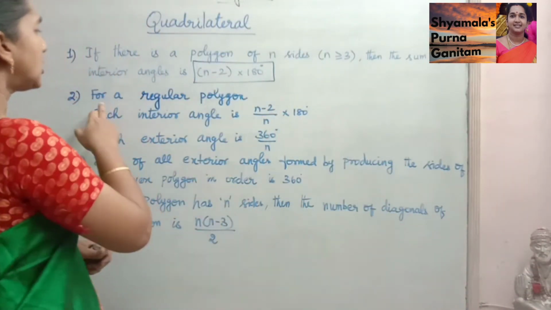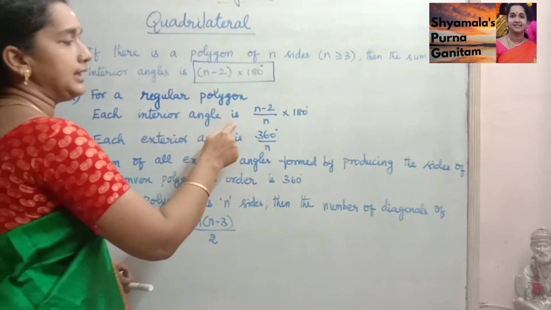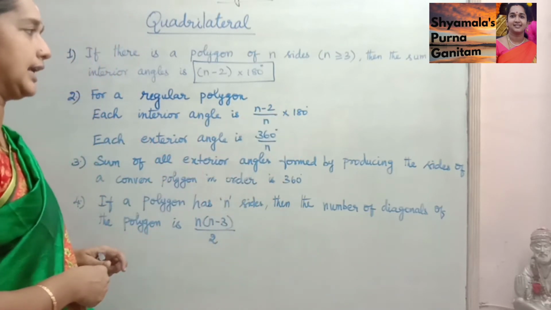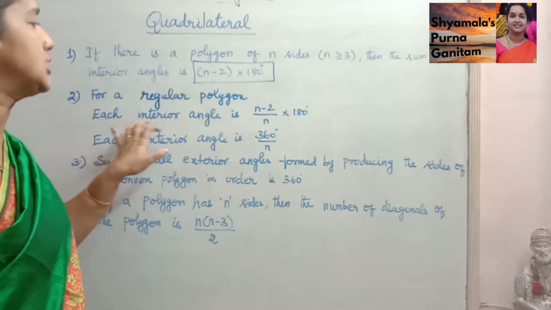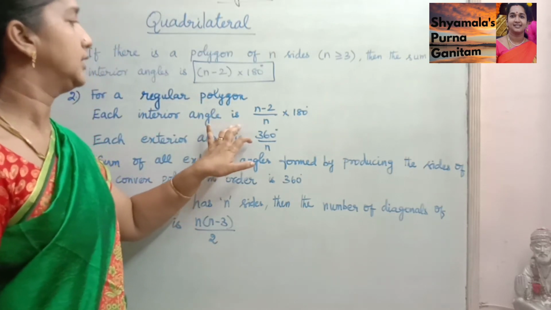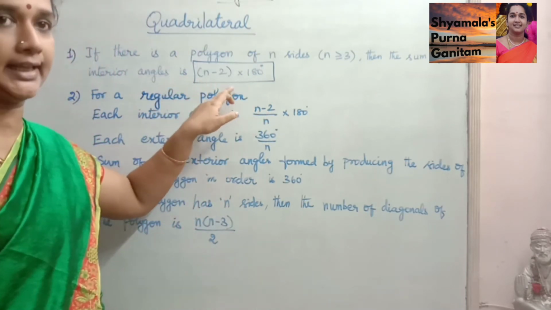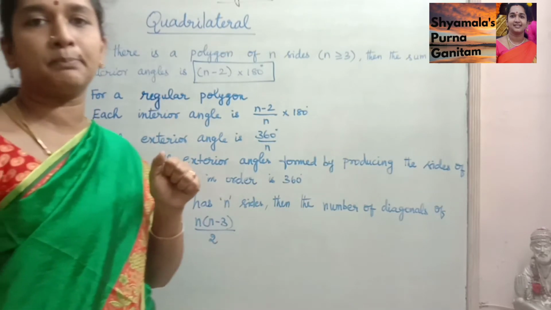Then for a regular polygon, each interior angle is (n minus 2) by n into 180. The first one was the sum of interior angles; this is for calculating each angle. What do we mean by a regular polygon?